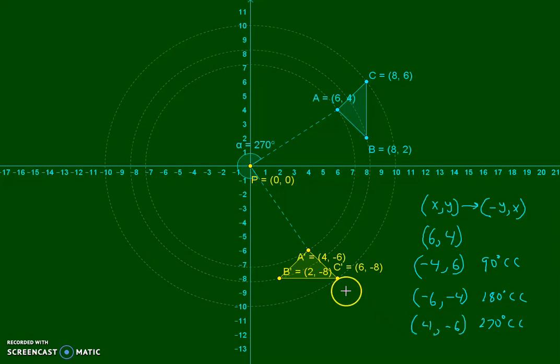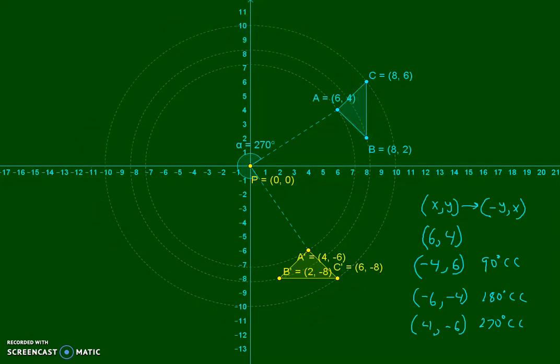Now clearly if we executed this one more time, this figure would map back on top of itself. So a rotation of 360 degrees brings us back to the original. Now it's important to also note that if we went negative 90 degrees, that is clockwise 90 degrees, that clockwise rotation of 90 degrees is equivalent to a counterclockwise rotation of 270 degrees.